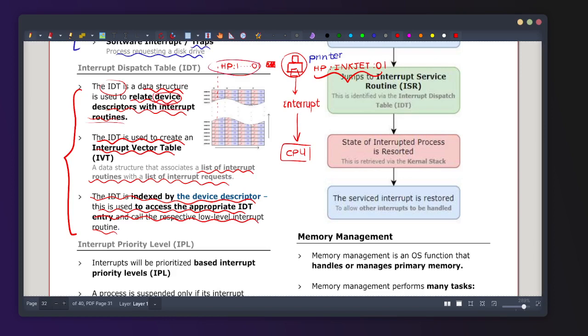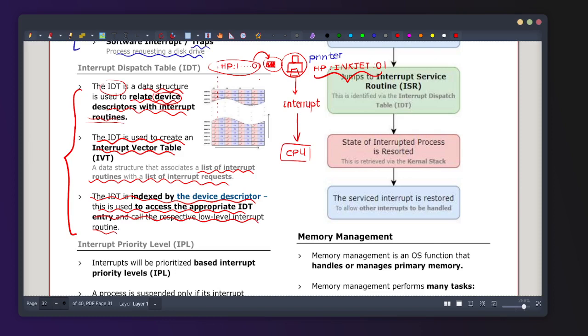Device descriptors are sort of names of devices that are causing these interrupts. Now it can be a device or a software or whatever, right? Here it says device because devices are mainly the source of interrupts, but it could be anything. And that is paired up with an interrupt routine, which is an address of another program that needs to be run to process this printer plugin, which is the interrupt routine.